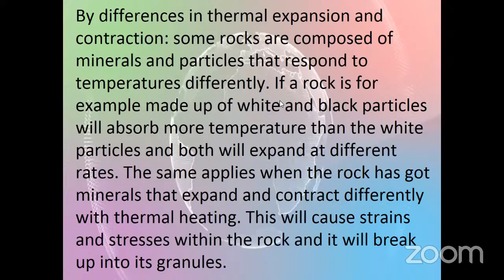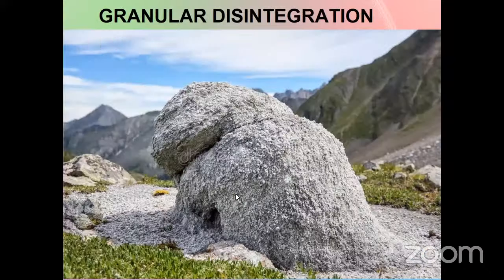But black particles will absorb heat, and then due to contraction and expansion, they will start to break into smaller particles. So when you look at this rock, it is a bigger rock, but around here you see these are particles that have fallen off from this bigger rock. Do you get the point? That is one way, and you can call that one the granular disintegration.